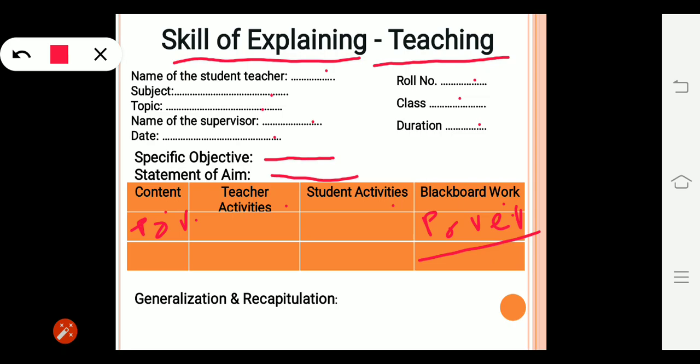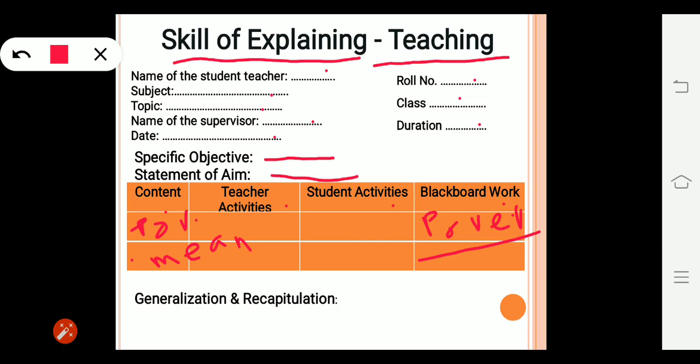Now below that, you write meaning by putting bullet and 1 or 2 points about the meaning of poverty. For example, you can write a situation where people cannot fulfill their basic requirements.